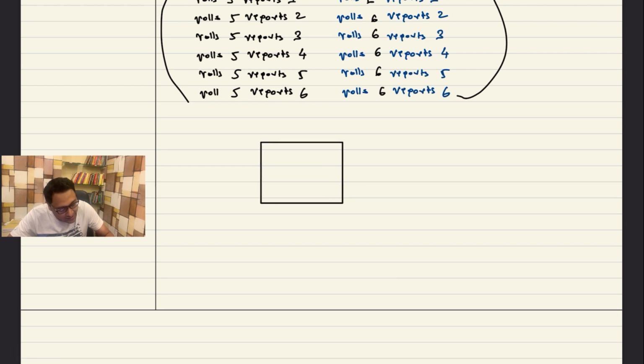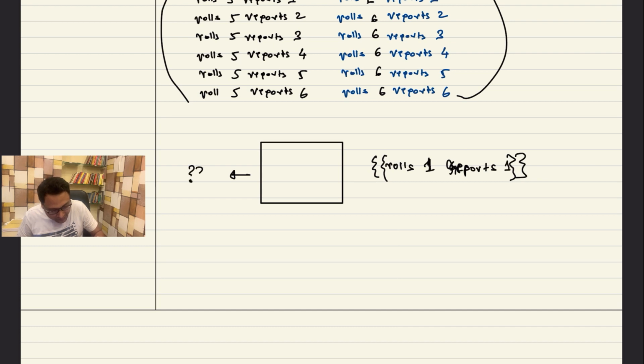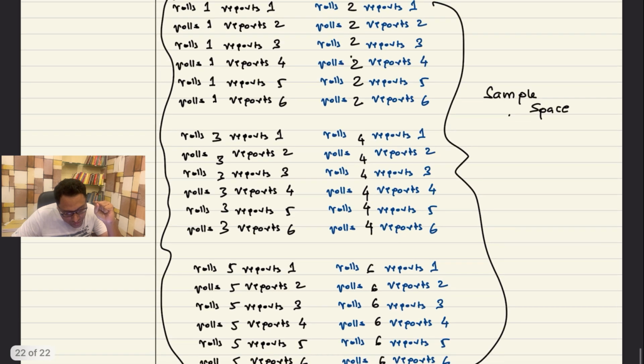If I just input rolls 1, reports 1, if I input the set of this singleton element, then what is the output number? Let's think about that.